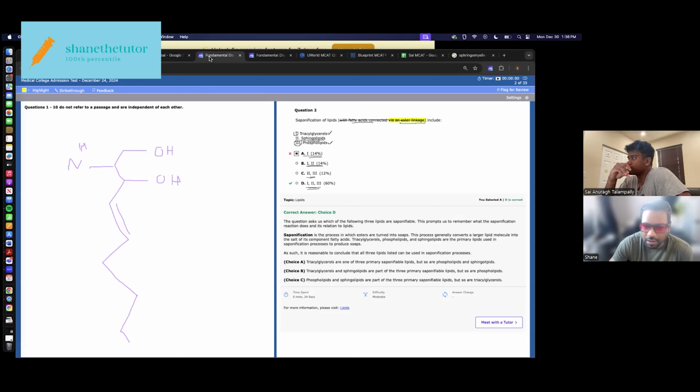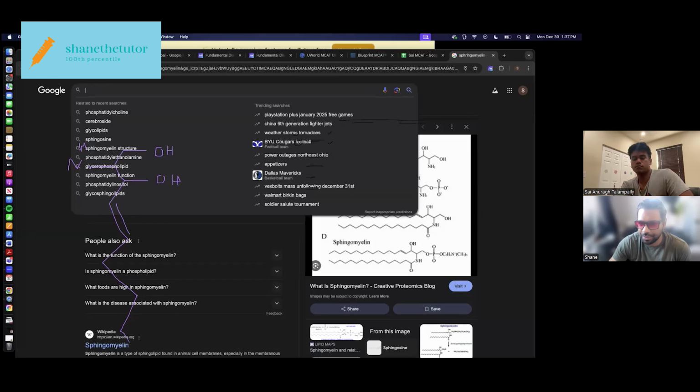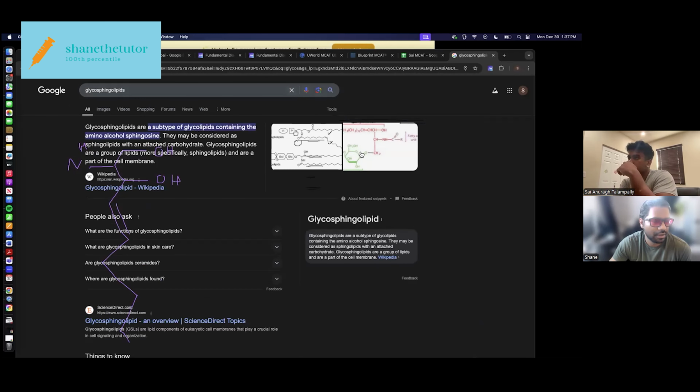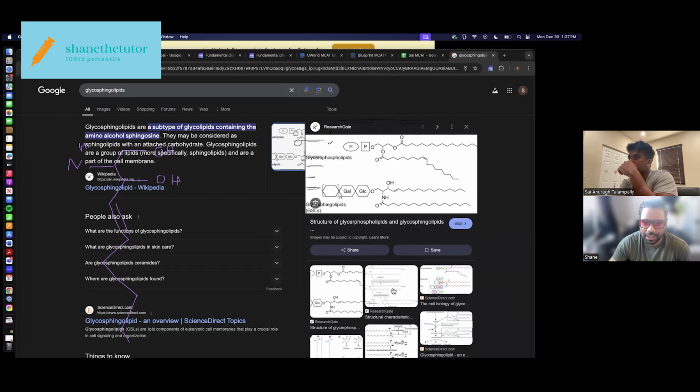Also, let me take a closer look at glycosphingolipid. The glycosphingolipid has acyl chains that are attached to hydroxyl groups. And if you, let's try this.